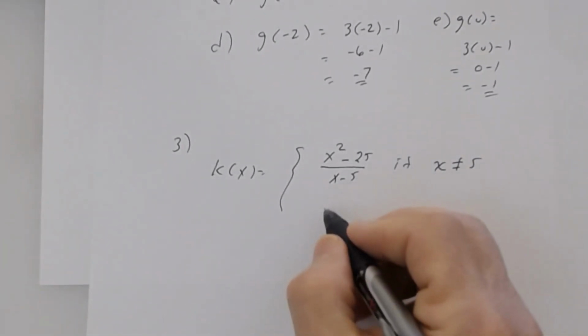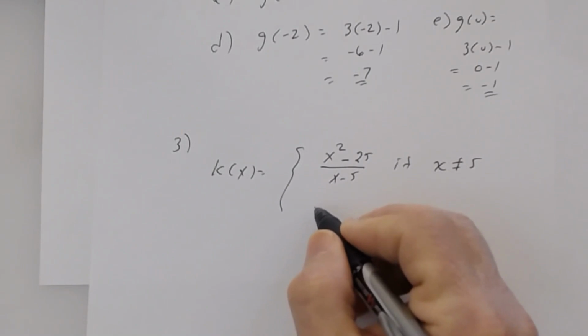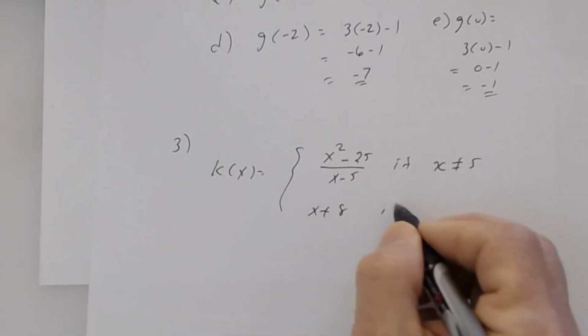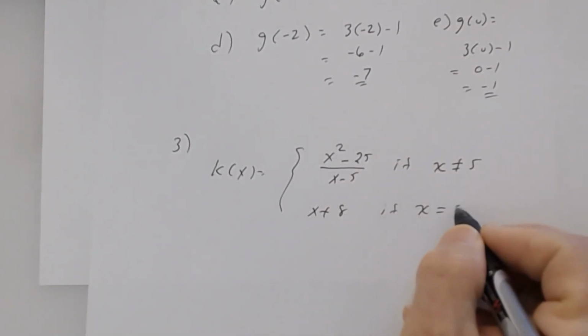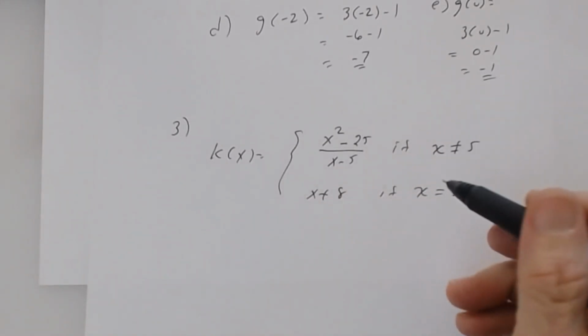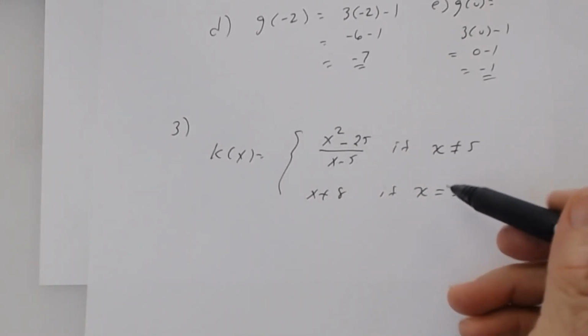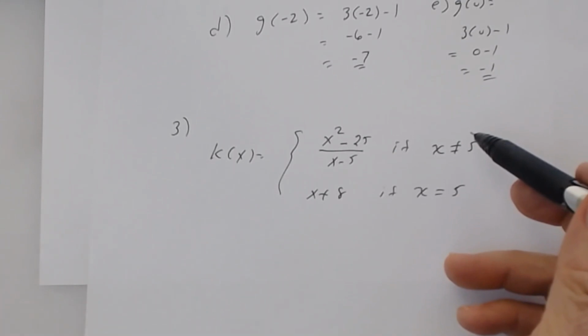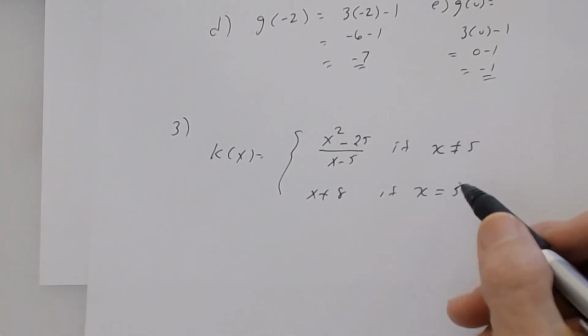You'll see what I'm talking about. And x plus 8 if x equals 5. Okay? All right. So notice you don't see an inequality symbol, right? You see an equal sign and a not equal sign. That's all you see. But don't let that throw you off.